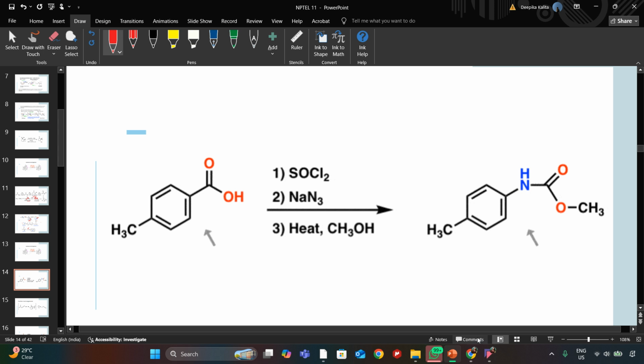So here we have benzoic acid given, and it is treated with thionyl chloride first, followed by sodium azide, and lastly it is heated in presence of methanol, and as the final product we are getting a carbamate.